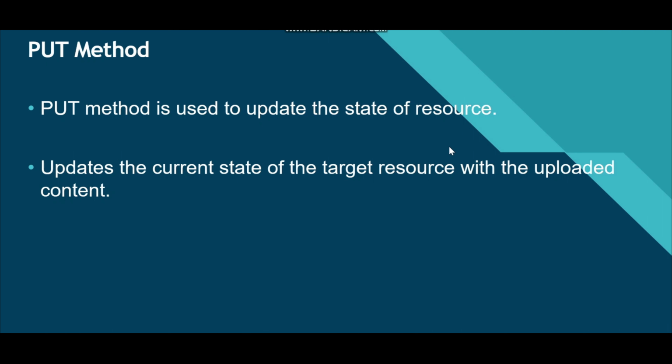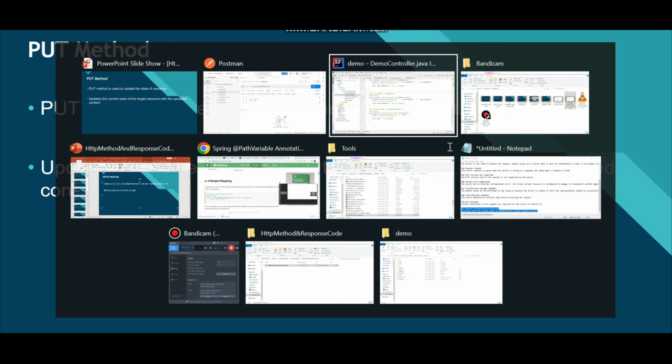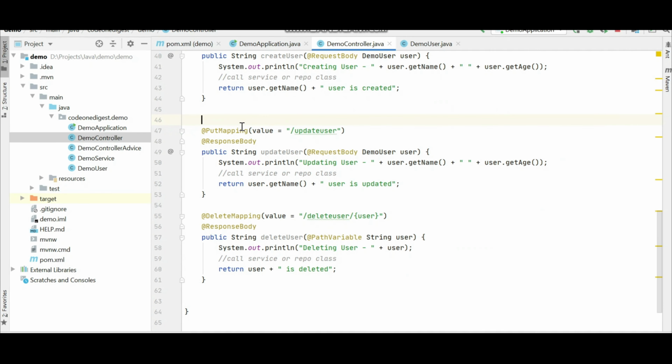Now next we have the PUT method. The PUT method is used to update the state of the resource on the server. It updates the current state of the target resource with the uploaded content. So what we do in a PUT is we define a put mapping, and then we have a separate endpoint that we call update user.